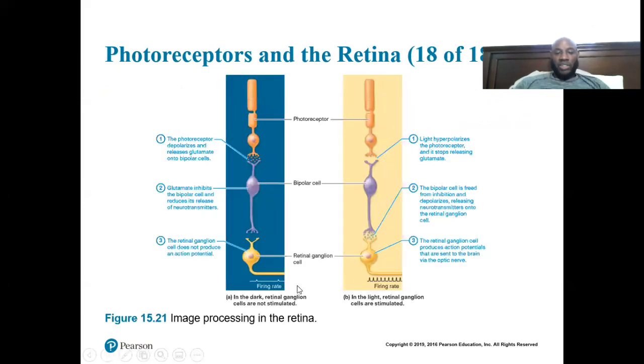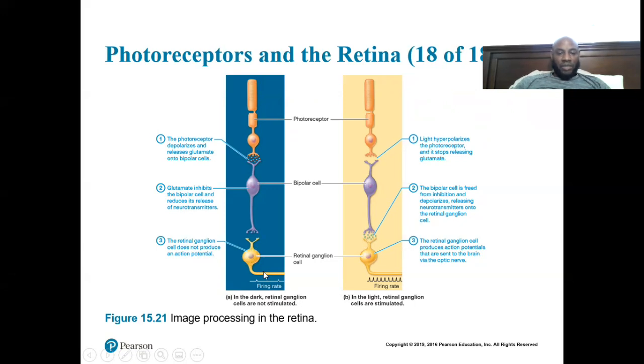Okay, so it just shows it here in the diagram. In the dark, the photoreceptor depolarizes. Glutamate inhibits the bipolar cell and reduces release of neurotransmitter. And then the retinal ganglion cell does not produce an action potential.